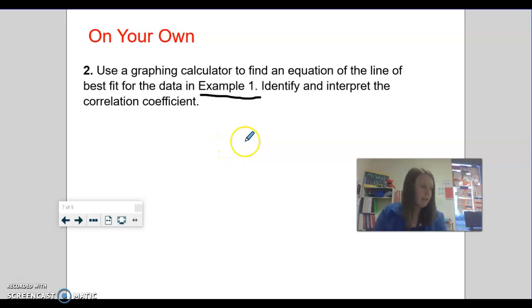See if you can set this up with the data from example 1. If you need that data again, look at your notes, or go back to the video from lesson 1 to figure it out. Go ahead and pause the video, do what you need to get those answers, and when I come back, I will reveal to you what the graph should look like and what kind of line we should have.